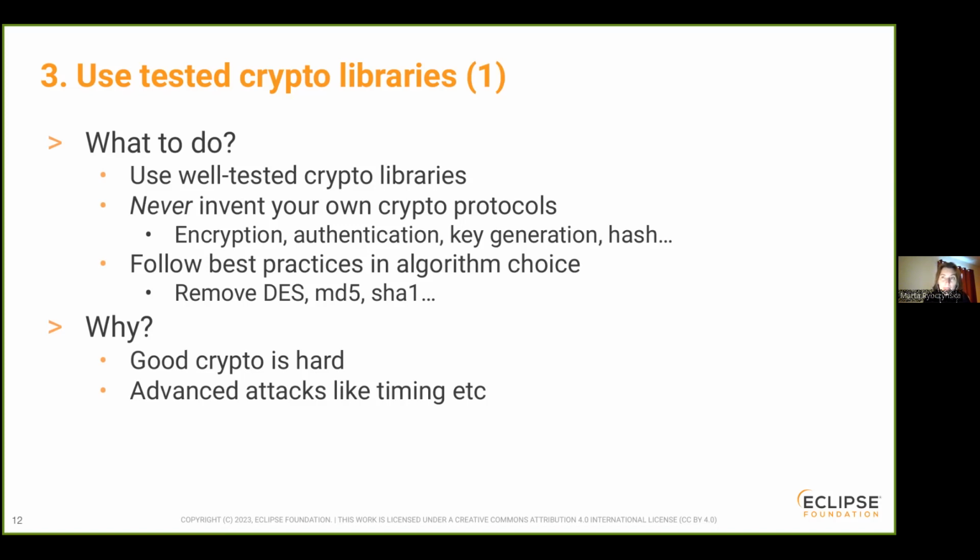Crypto can be easily implemented incorrectly, and not only incorrectly at the functional level, but there are also attacks that use other features like the time it takes to calculate with different keys or with different bit values of the key to recover keys from the implementation.